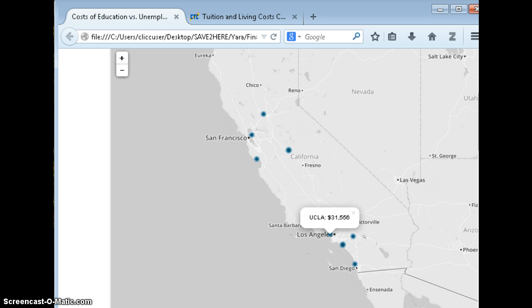Plus, I didn't want small differences between the cost of attendance per UC to be a focal point. All a reader needs to know is that the cost of attending a UC is about $31,556.